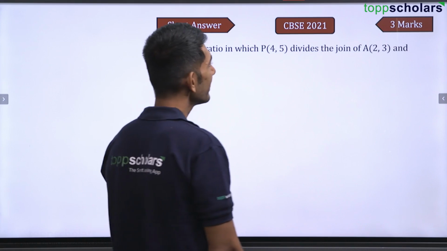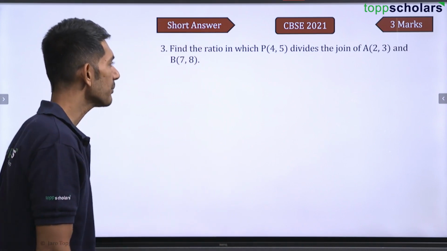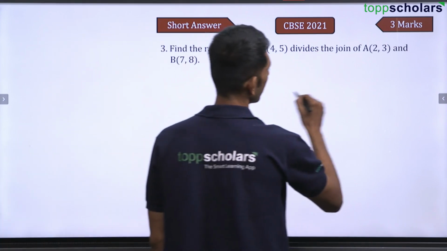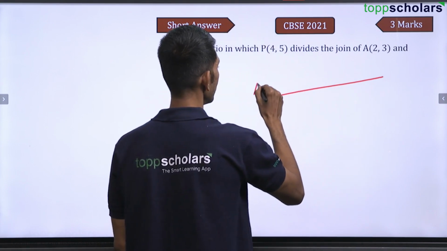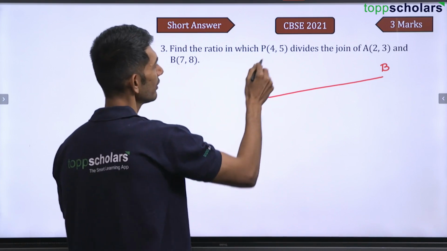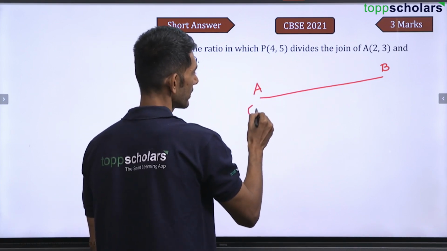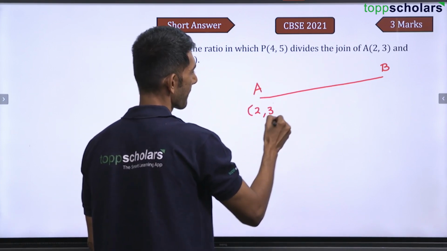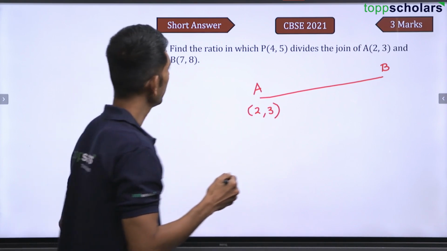So the question says, find the ratio in which P(4,5) divides the join of A and B. Okay, understand. So A is there, B is there. A is (2,3). B is (7,8).